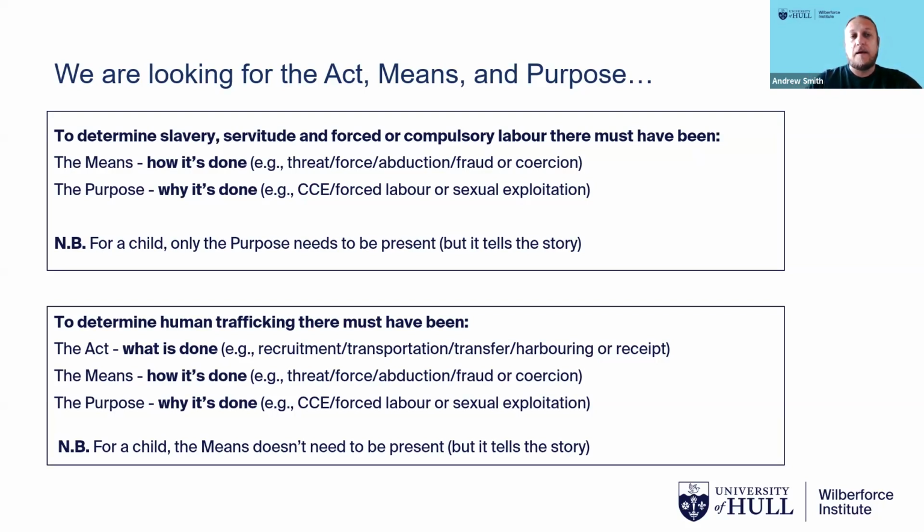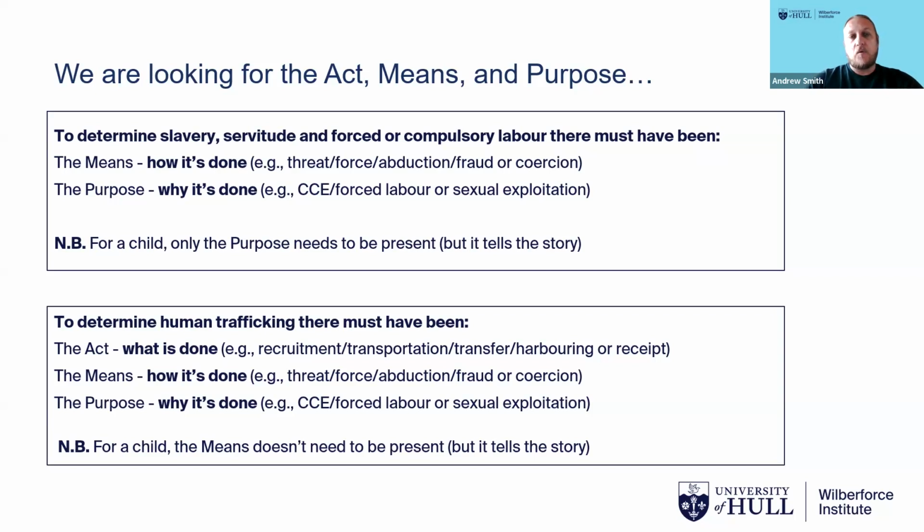And that's key. So within the legislation, we've got two offences within the Modern Slavery Act 2015. We have slavery, servitude, forced or compulsory labour, and we have the offence of human trafficking. So firstly, slavery, servitude, forced or compulsory labour, our exploitation. So we want to look at the means, which is how it's done, and the purpose, why it's done.